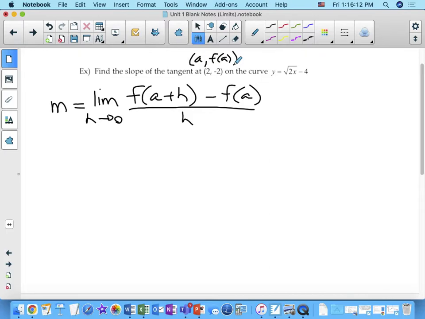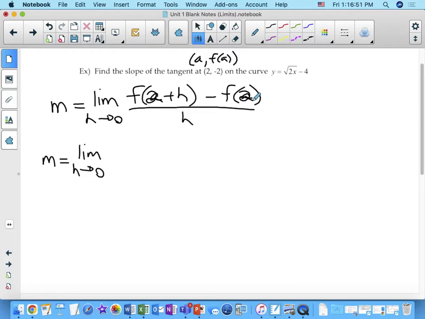All right. Okay, so m is going to be the limit as h approaches 0. Now, f of x is the square root of 2x minus 4. So when I'm plugging in f of a plus h, actually, I should just put in a 2 here. That would make things a little easier. f of 2 plus h minus f of 2 over h. Okay? I need to plug in, for this first part, a 2 plus h in for x for this function.